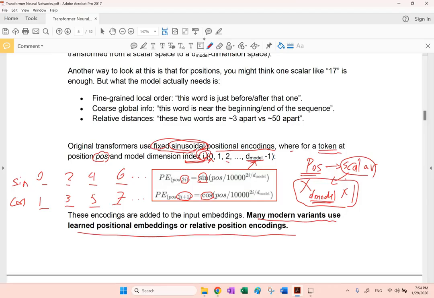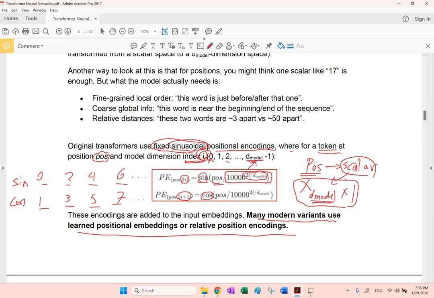Now, let's look inside this sine and cosine function. Inside of them you have position divided by a big number. What is the big number? It's 10,000 to the power 2i divided by d_model.